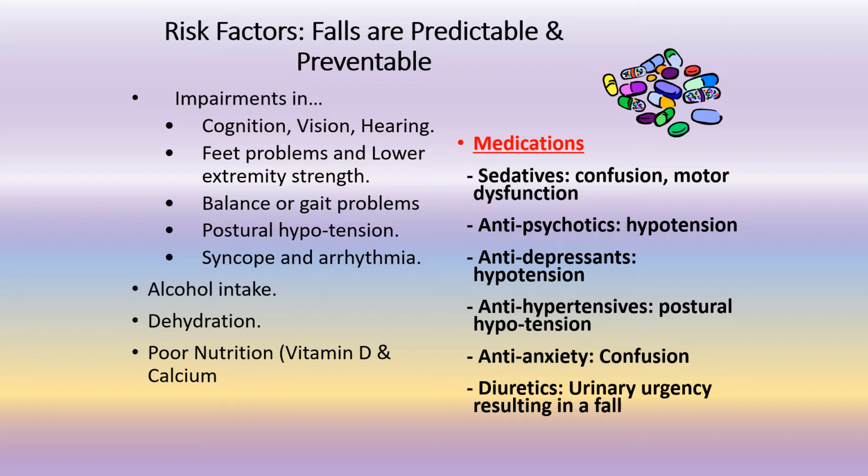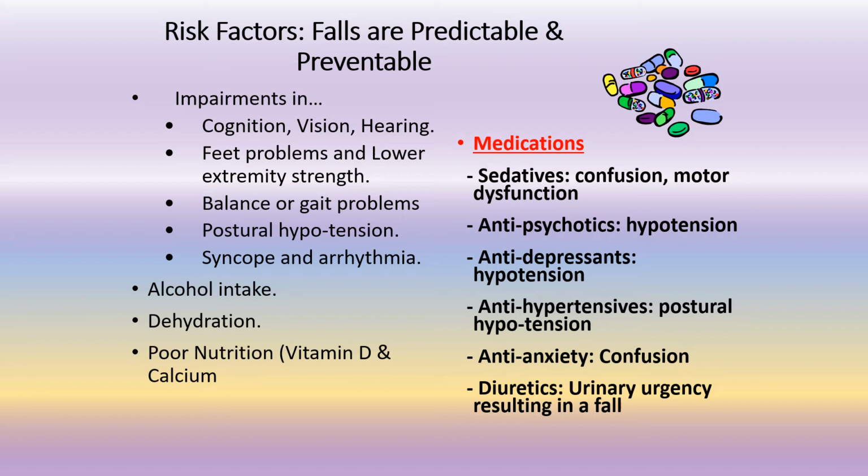For example, if we know that our patient is having an impairment in cognition, vision, or hearing, or having a feet problem, or balance or gait problems, or postural hypotension, or arrhythmias, for example, that can cause syncope and fainting, then we can prevent falls from happening.